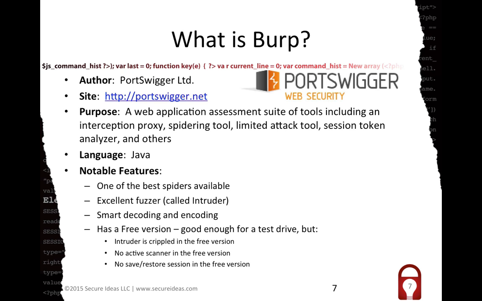If you are looking for something to use and you don't want to shell out the money for a commercial product, then the best alternative that I know of is Zed Attack Proxy, which is an OWASP product. You can just Google Zed Attack Proxy or ZAP, and you'll find it. The CO2 plugin currently doesn't have a version that works with ZAP, though.